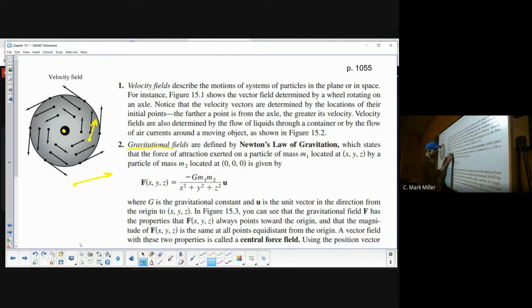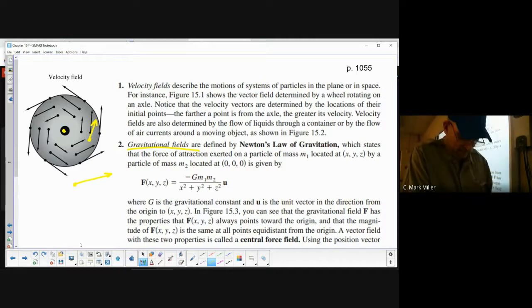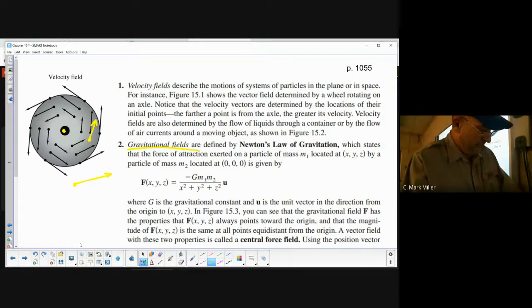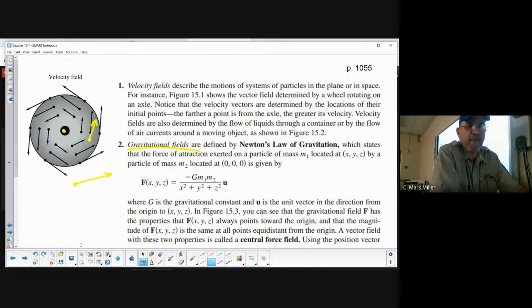Gravitational fields are very interesting. We're going to be working a good bit with these. I'm going to leave most of it for Dr. Kite's physics class, okay? But gravitational fields are interesting because the strength of the field depends on the masses of the 2 objects that are attracting each other. Right?